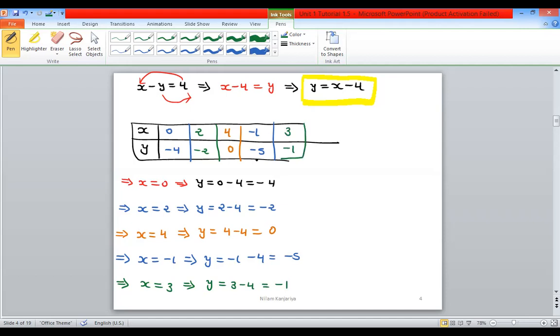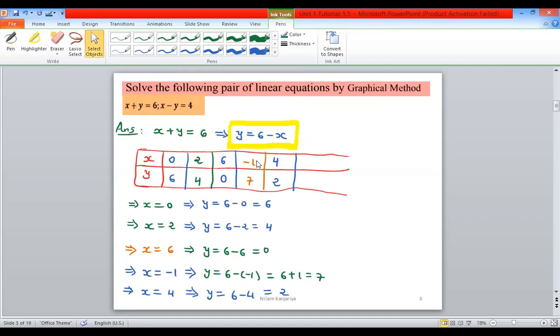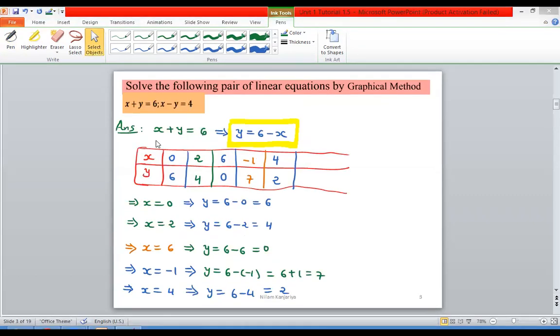So look here, student, we have 2 tables. This is your first table. I can take a screenshot of it.